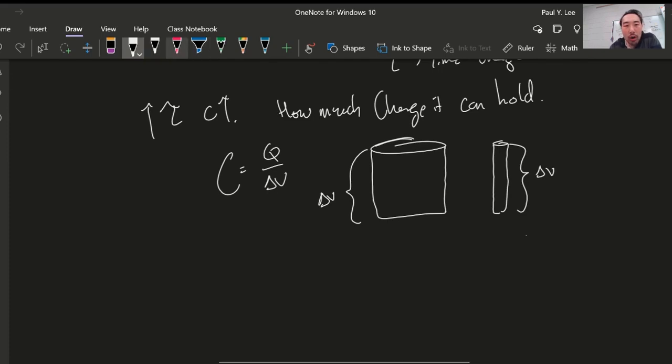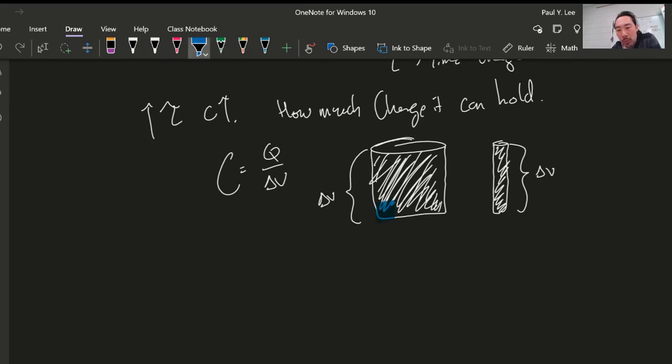But remember, charge is like water. I'm going to color this in so that the highlighter shows. If we were to turn on the water and try to fill that cup, because this has so much more volume, or amount of space, that would be like the capacitance. It can hold more charge, so it'll fill up a lot slower.